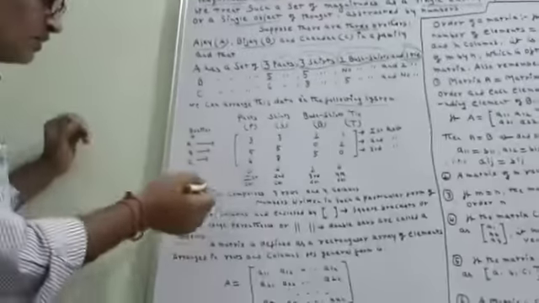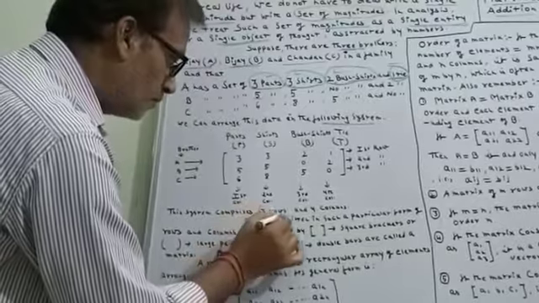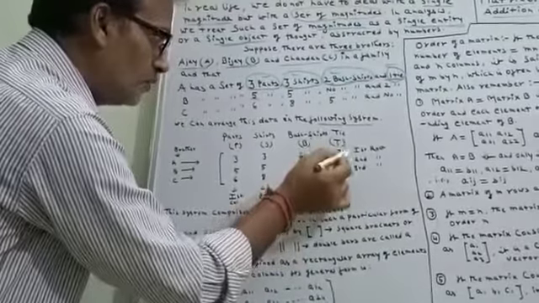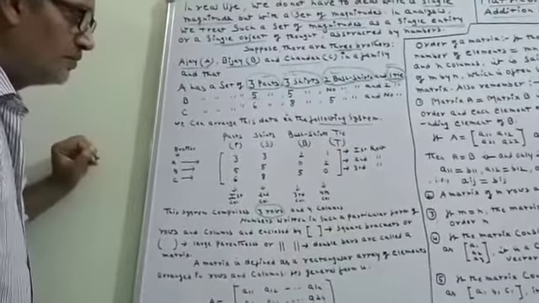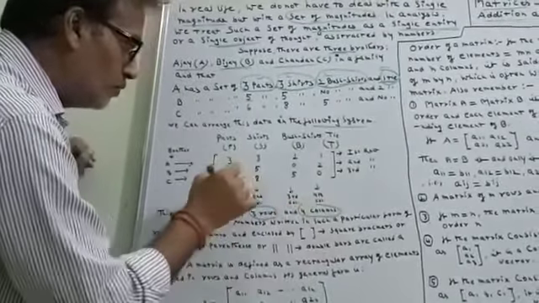Now this system comprises 3 rows, 1, 2, 3, and 4 columns, 1, 2, 3, 4.